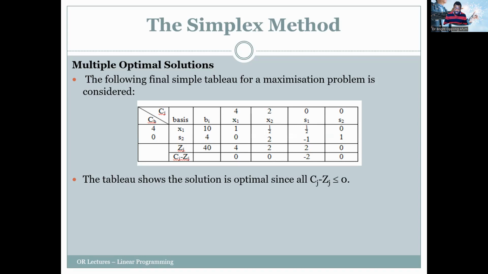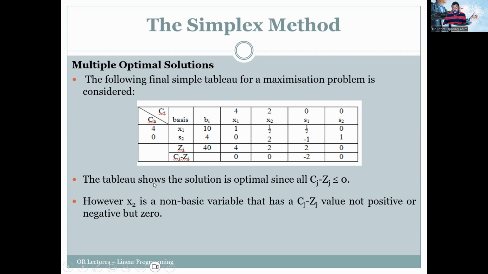However, the main decision variable, which is x2, is actually non-basic. It's not in the solution basis, and its Cj minus Zj value is 0.